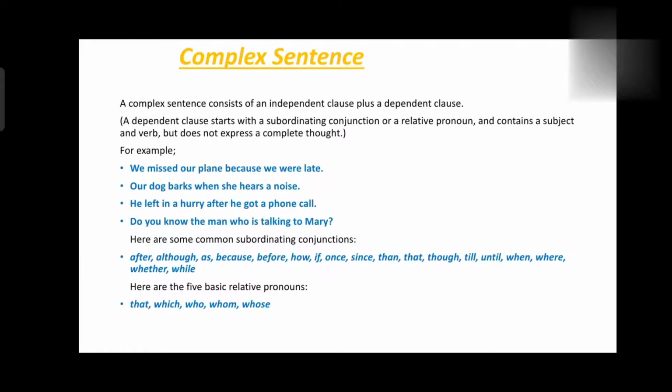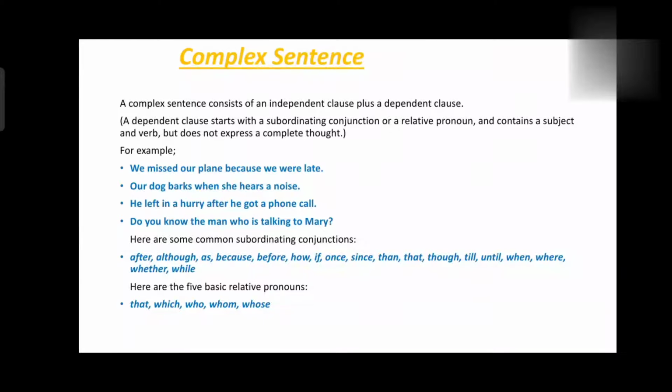Do you know the man who is talking to Mary? Who is basically a relative pronoun, and is talking to Mary is a dependent clause, and do you know the man is an independent clause.